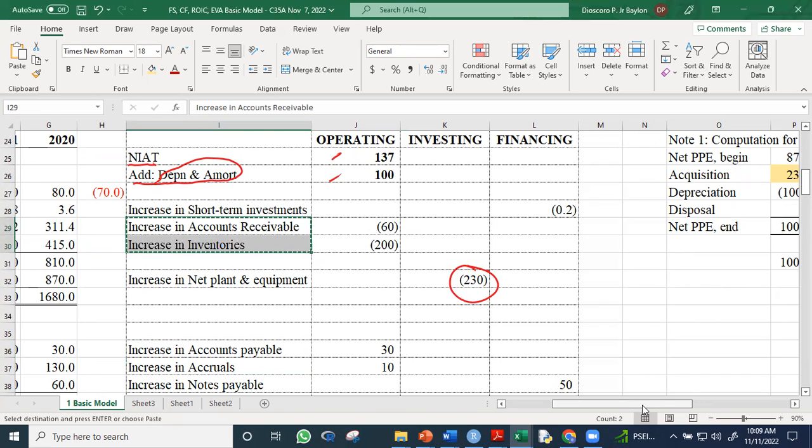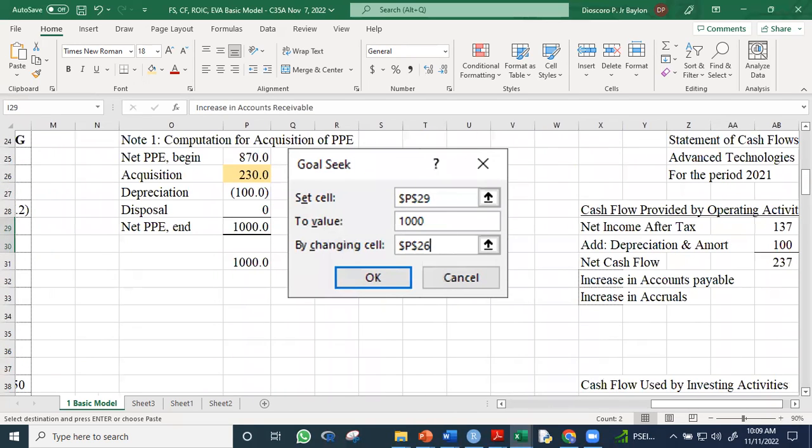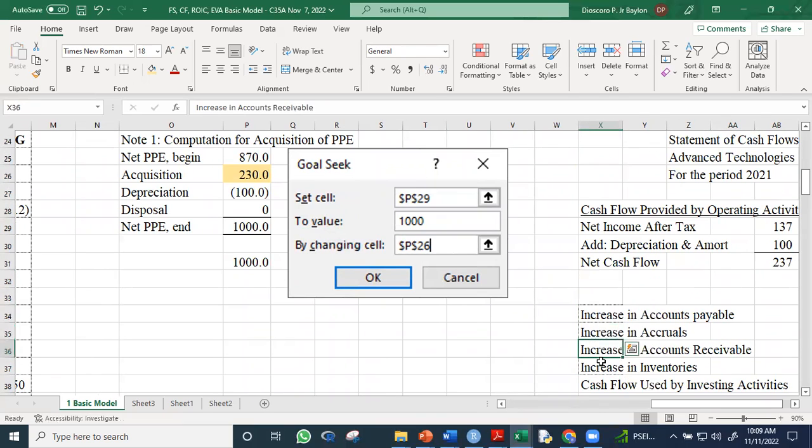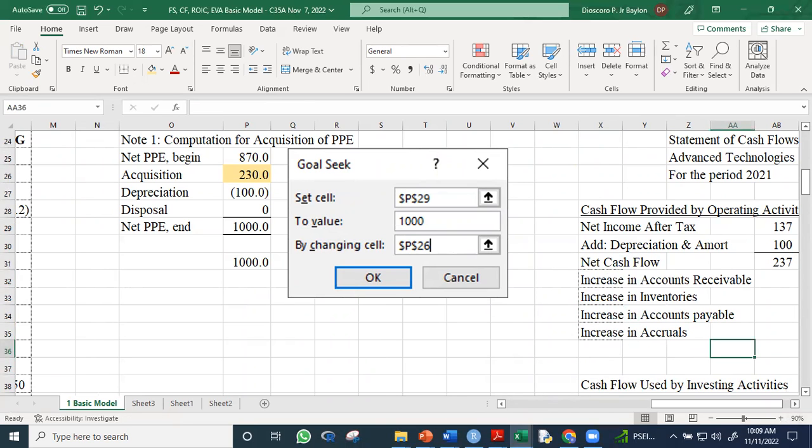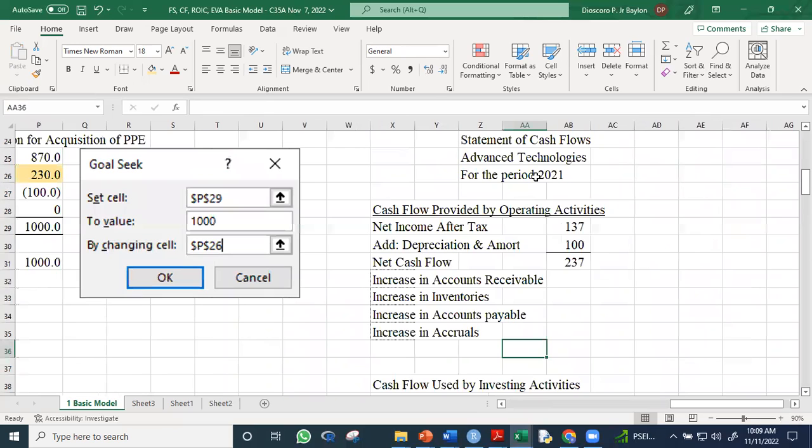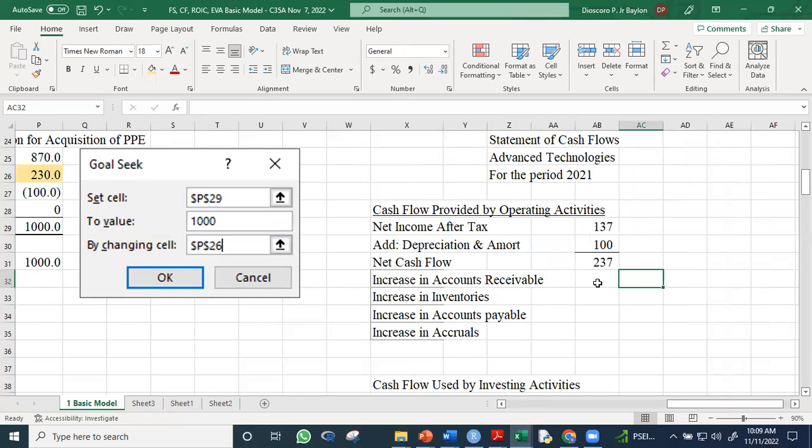Control C. Okay, so we have the following changes in your working capital.